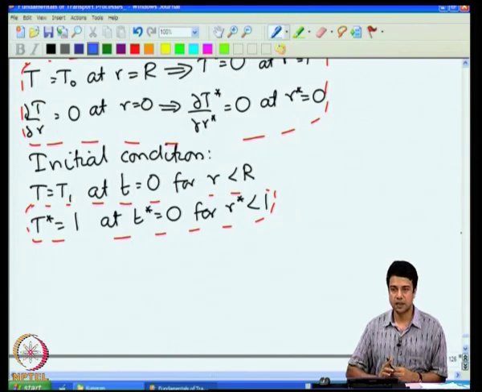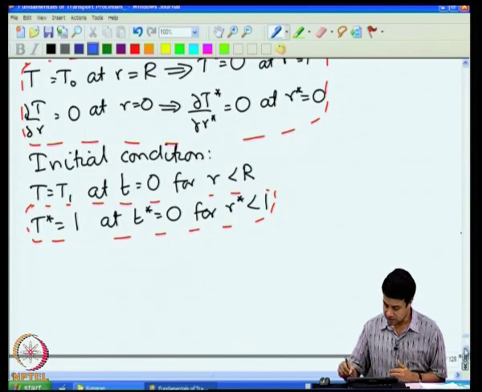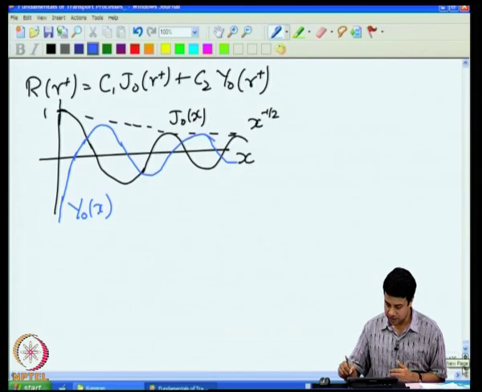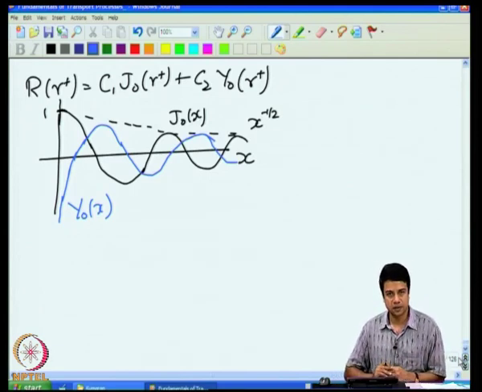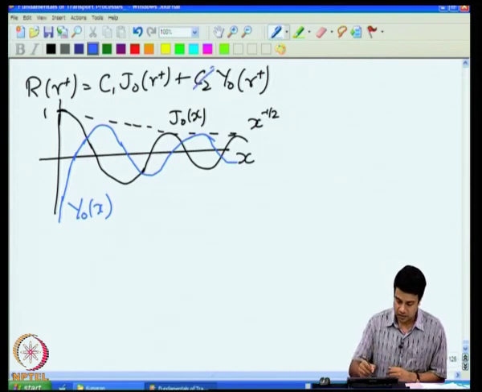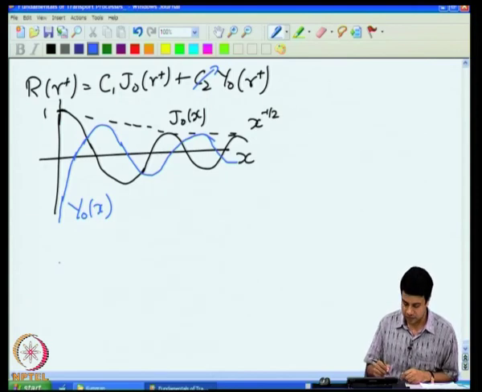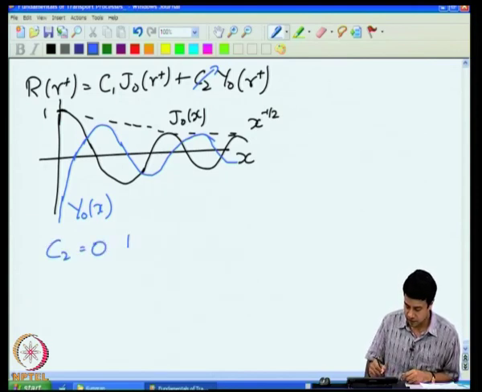If the solution had any contribution proportional to Y naught, then that contribution would go to minus infinity as R star goes to 0. So, just the symmetry condition alone tells me that because the solution Y naught goes to minus infinity at R star is equal to 0, the constant C2 has to be equal to 0. So, I require just from the form of these solutions that C2 is equal to 0 to satisfy the boundary condition at R star is equal to 0.